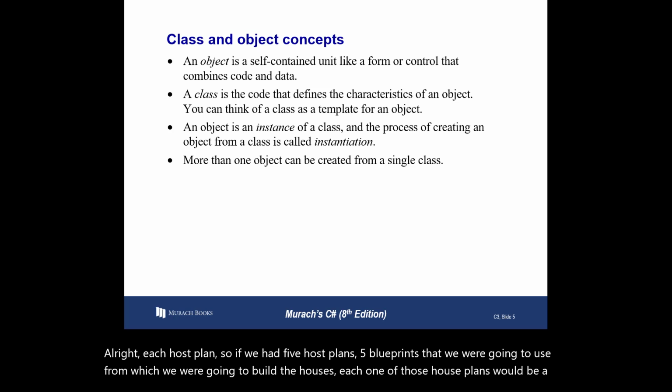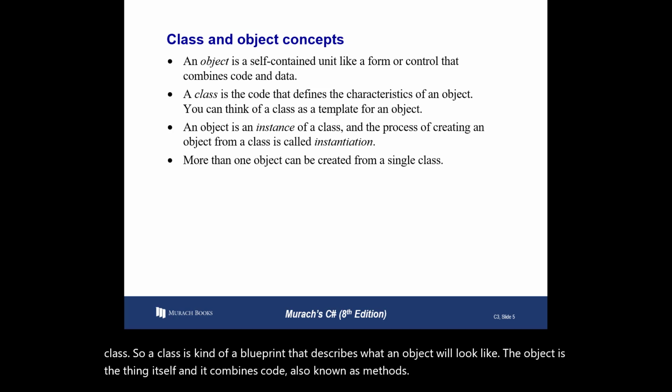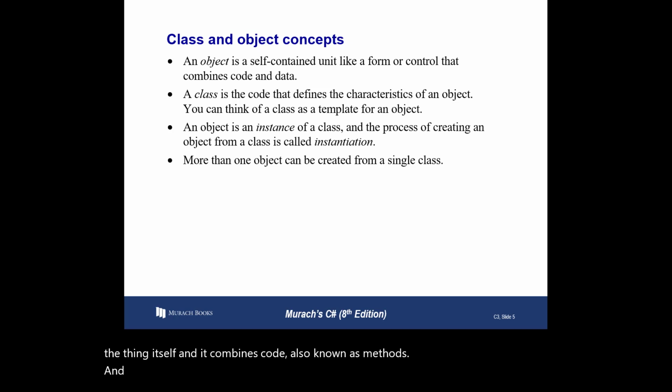So a class is a blueprint that describes what an object will look like. The object is the thing itself, and it combines code, also known as methods, and data, also known as properties.